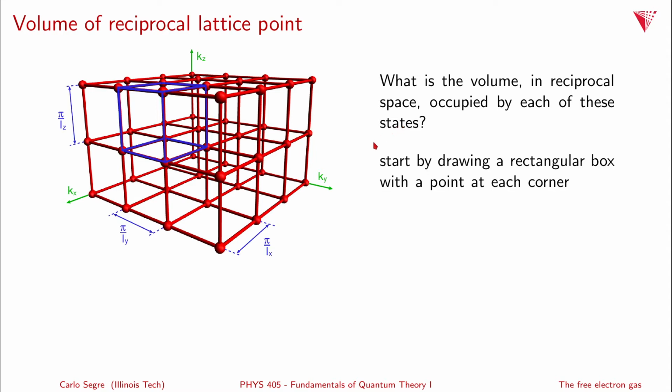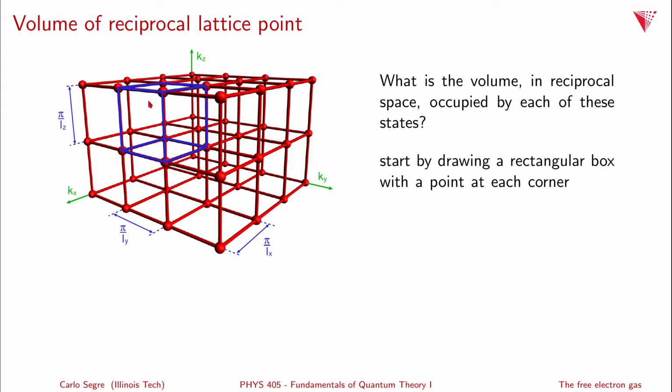Well, we can start by drawing a rectangular box with a point at each corner. And the width of each of the directions of the box is pi over Lx, pi over Ly, and pi over Lz. That's why it's called reciprocal space, because you have inverse times the real space.